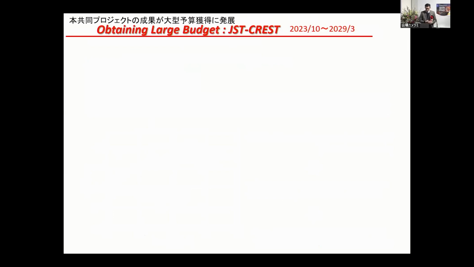I just quickly show one of the big achievements. Based on this cooperative research project, our proposed project was finally accepted in a JST Quest, a large project, and we started last October.